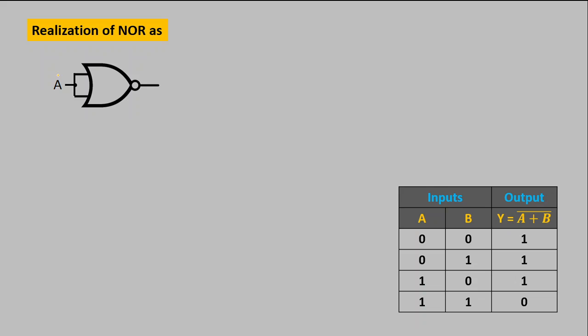The input A is present at the input side, but this single input will be given to both inputs of the NOR gate. This NOR gate has two inputs, but both inputs are given as A. So this is A and this is also A, right?